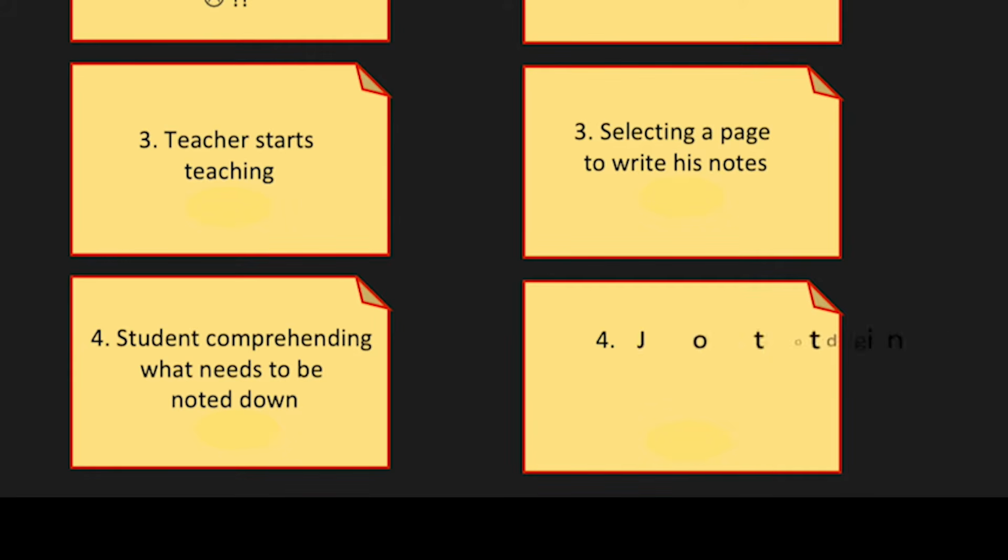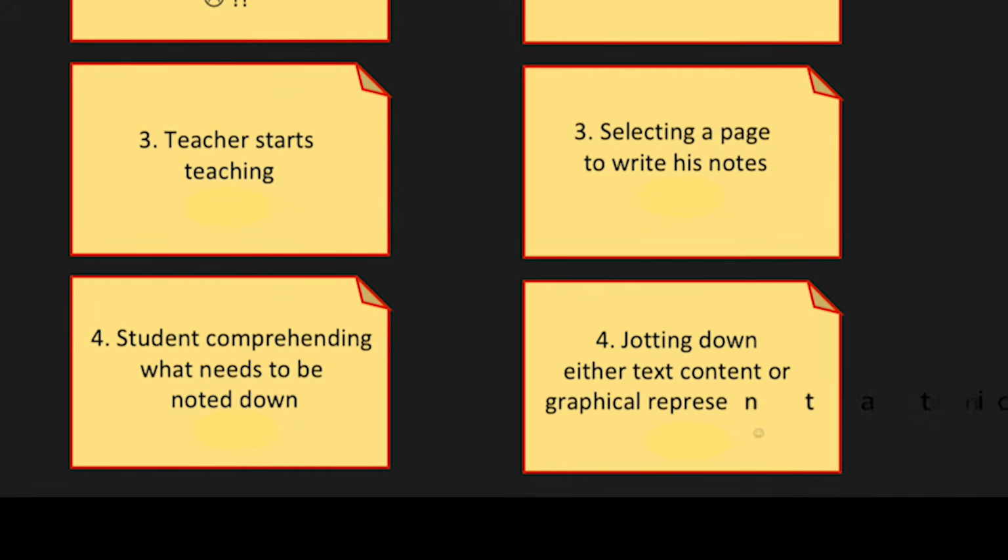Then probably depending on the chapter and what the teacher teaches, he might be taking down written content or a diagram, a graphical illustration. So it would depend on the chapter or the teacher. So noting down either written content or graphical representations, slash referential diagrams.